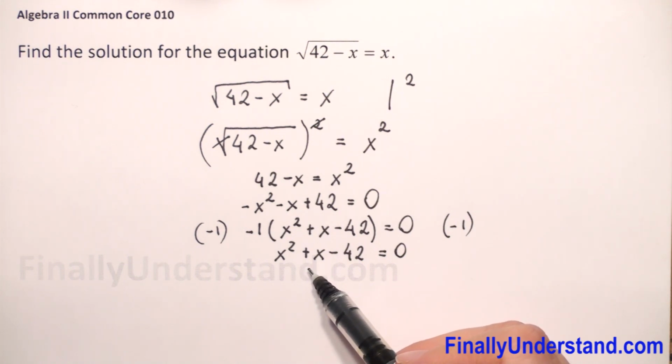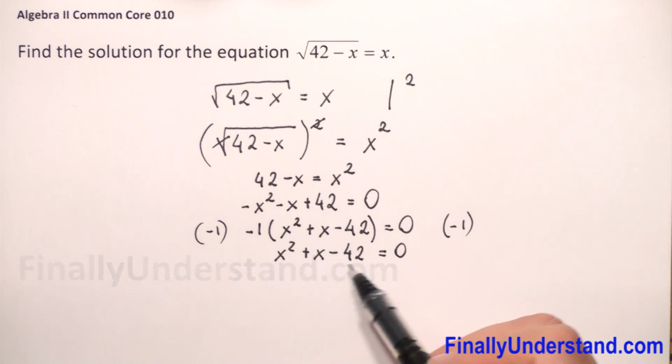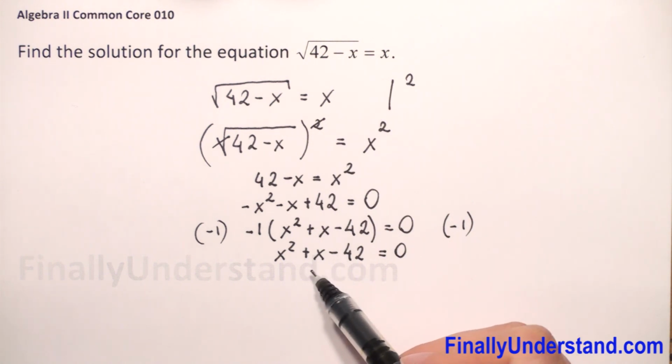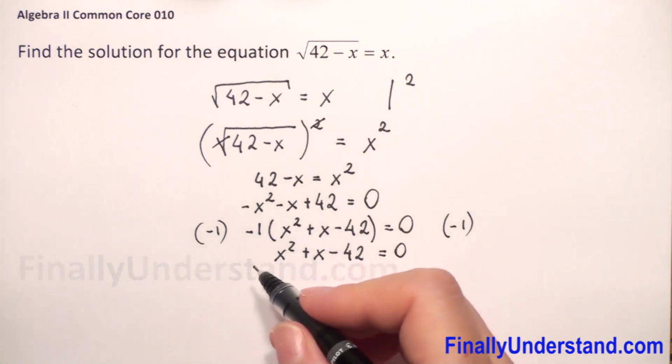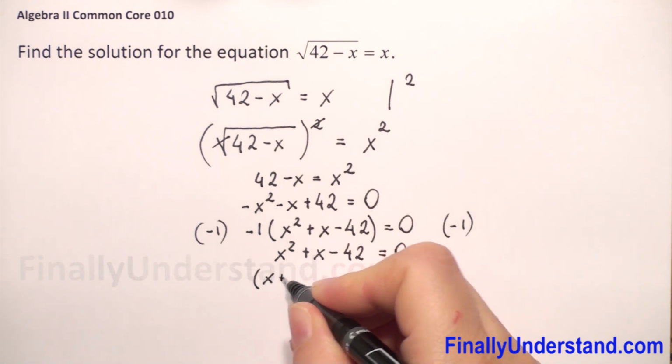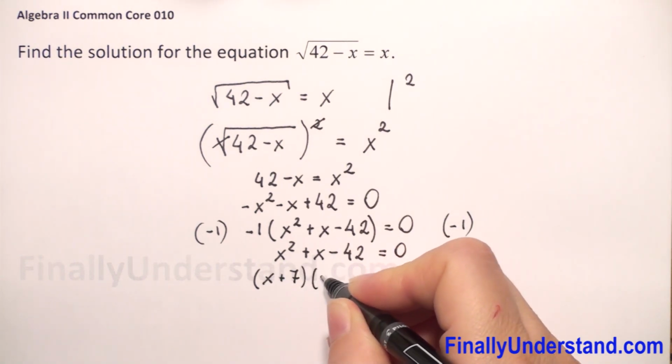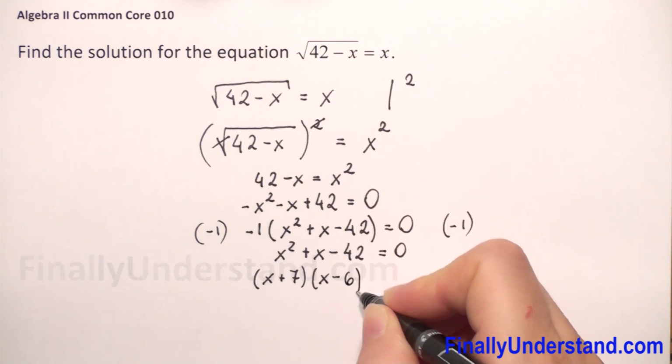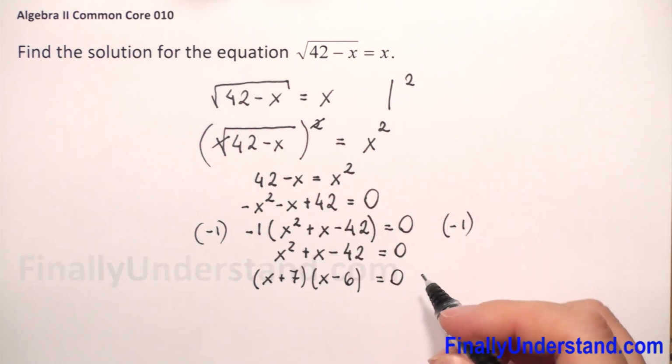It will be 7 and negative 6. 7 times negative 6 is negative 42, and 7 minus 6 is 1. So we can rewrite the left side as x plus 7 times x minus 6. This is equal to 0.